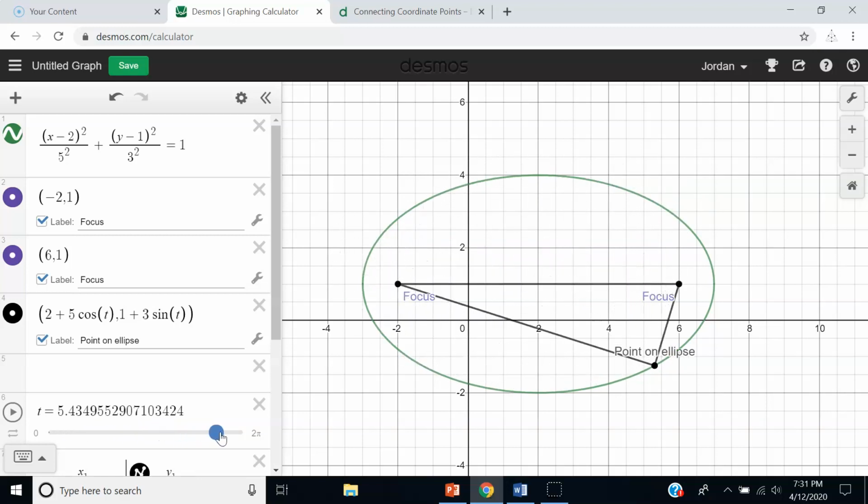So no matter where I put that point on the ellipse, the combined sum from focus 1 to the point, and then from the point to focus 2, is going to be fixed at all times. All right, so that is a property of these 2 foci.